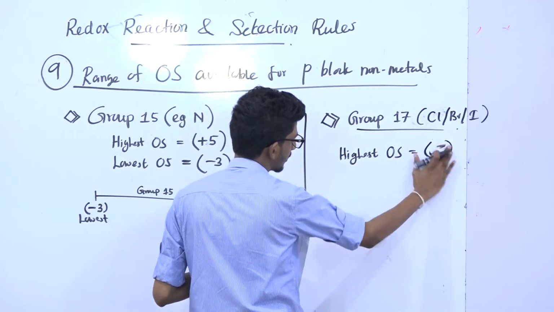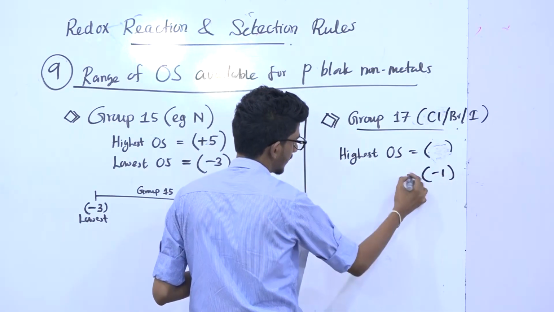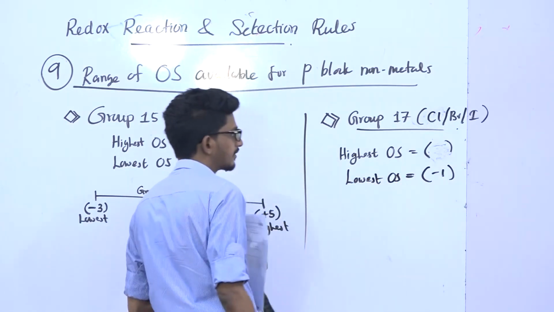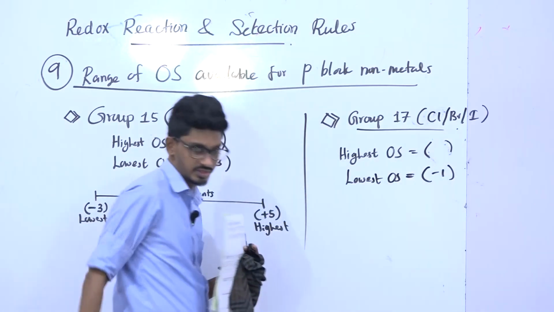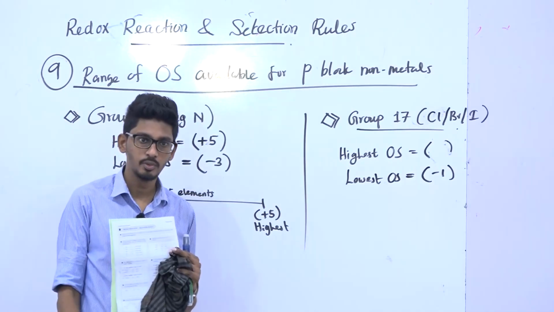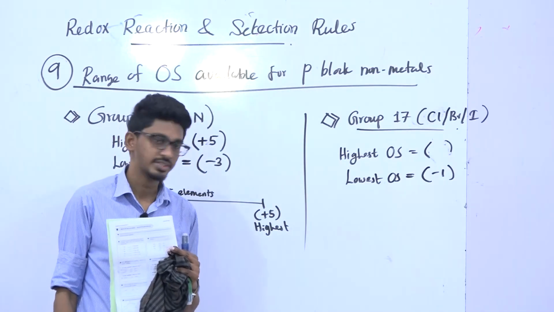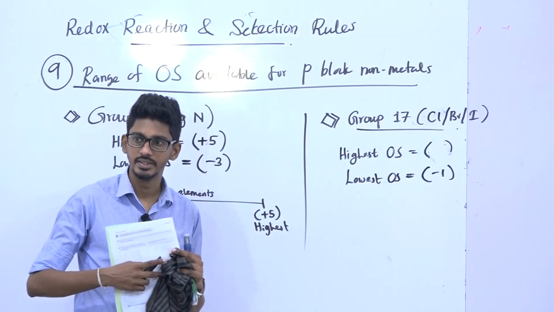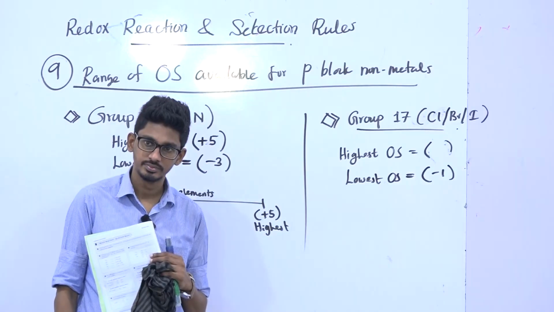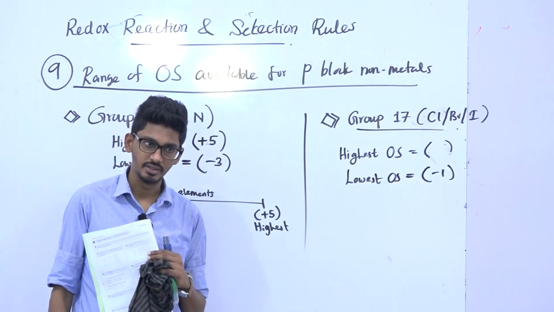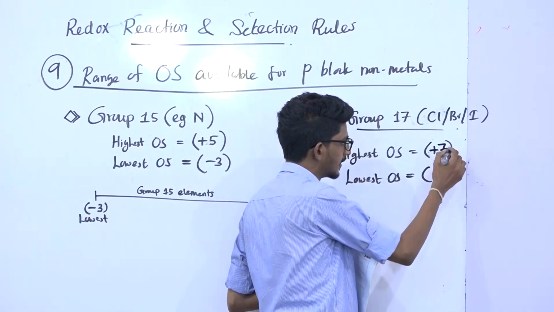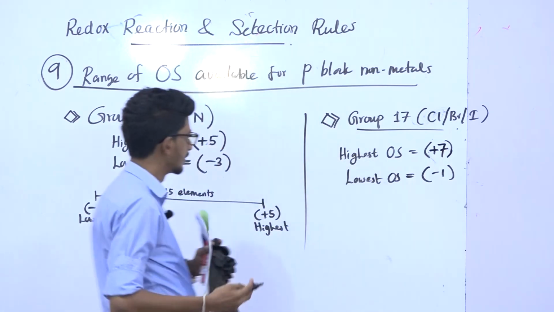That is the lowest oxidation state, -1, since minus values are the lowest. For the highest value, you have 7 electrons at your outermost shell, so you can remove all the 7 to come up with a complete shell. When chlorine removes all its 7 electrons, it gains the configuration of neon, a complete outermost shell. So the range is +7 to -1.